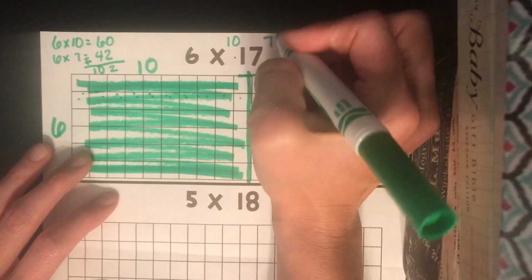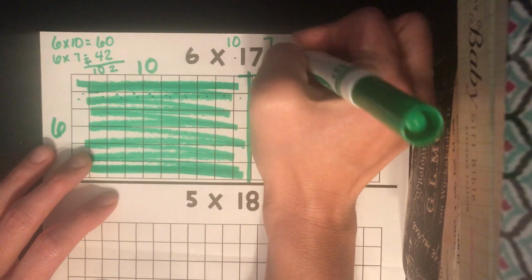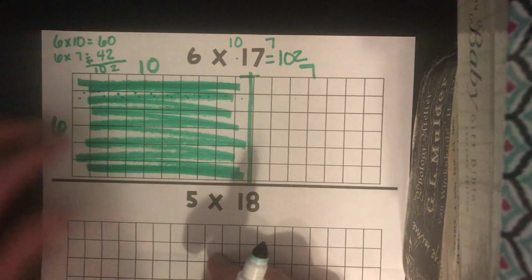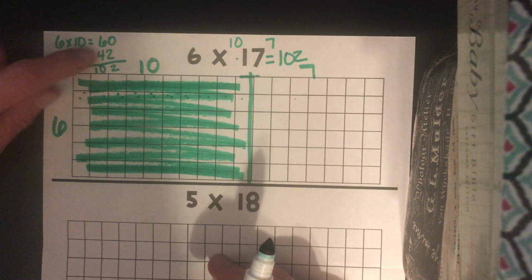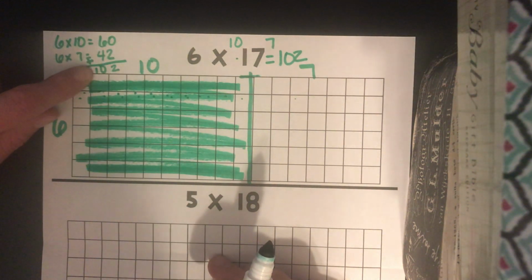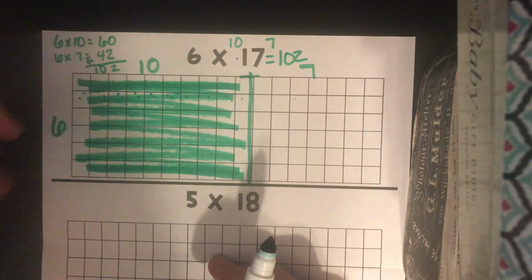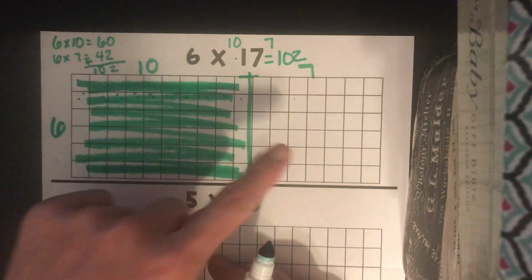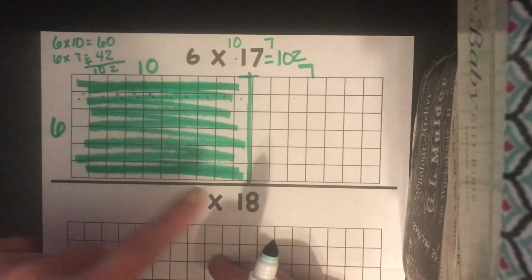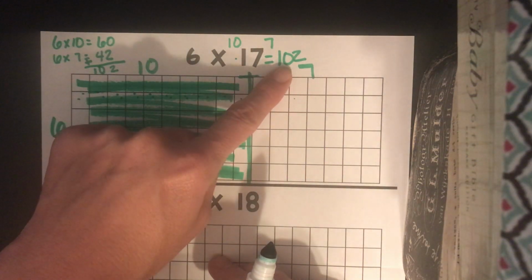So 6 times 17 equals 102. So I got part of the product, put them together, got the whole product. So partial product, you're getting part of it by doing this, part of it by doing this, and you get all of it by putting them together.